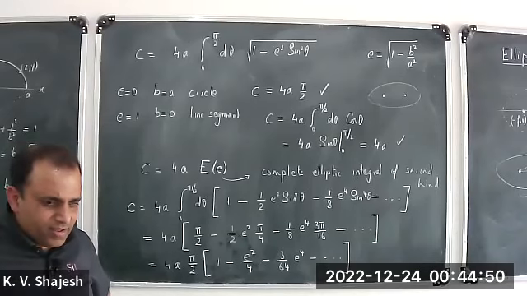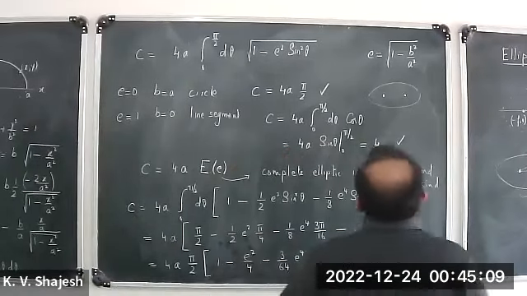So basically you're saying that the circumference of an ellipse is going to be smaller than the circumference of a circle made out of radius a, the semi-major axis, right?